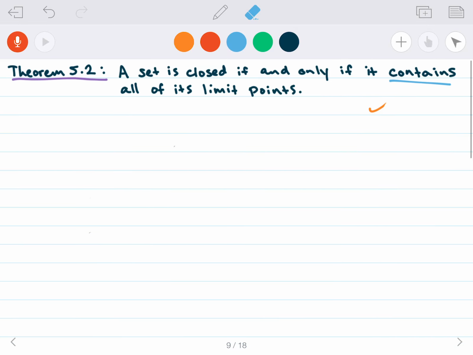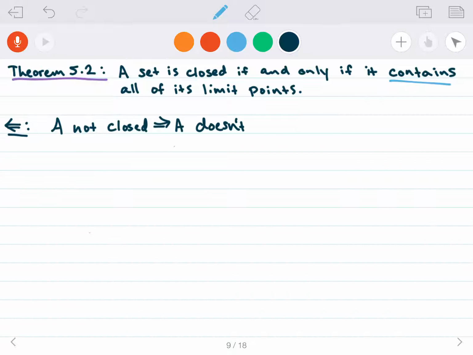Okay, so this direction, prove the contrapositive. So we're going to show that A not being closed implies that A doesn't contain all of its limit points.